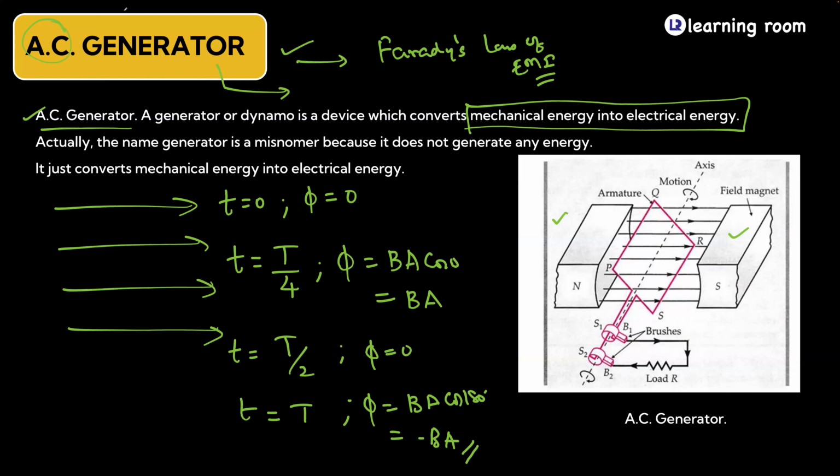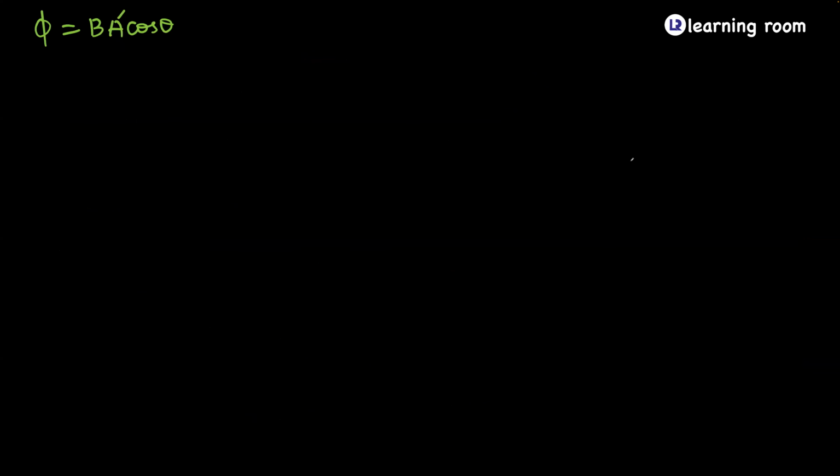So what I'm trying to tell you here is, if this coil is going to rotate with a constant angular speed of omega, then the value of theta is written as theta is equal to omega t plus half alpha t square. But since the value of omega is constant, alpha is 0.